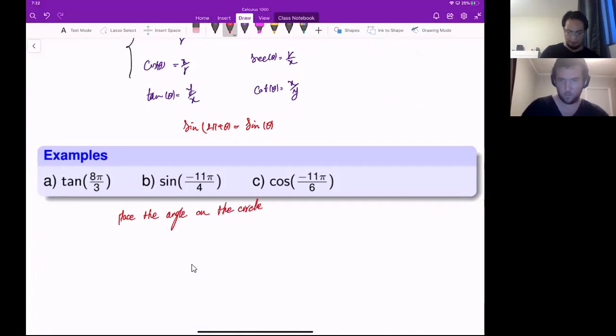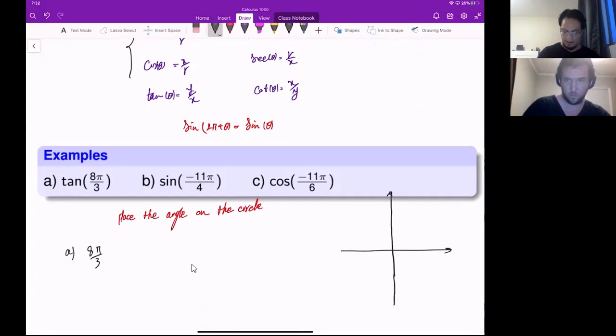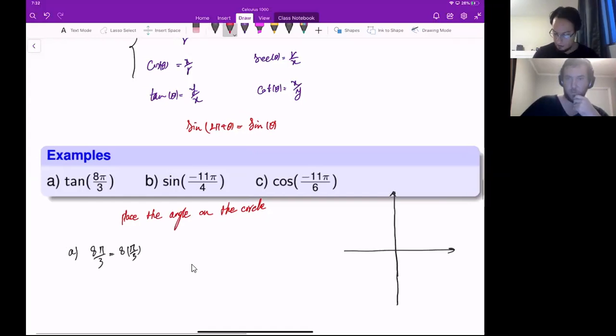So for example, in part A, 8 pi over 3. What kind of angle is this? Right away, you see that this is 8 times pi over 3. So for pi over 3, you divide the pi, 180 degrees, into 3 equal pieces. Each piece is going to be pi over 3.